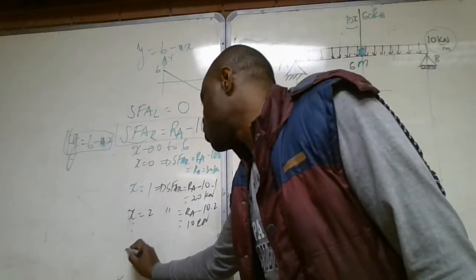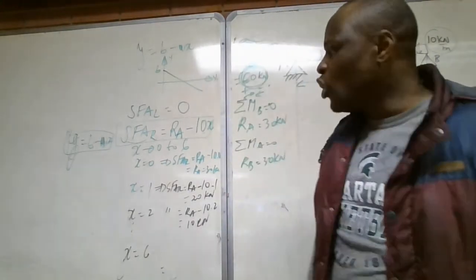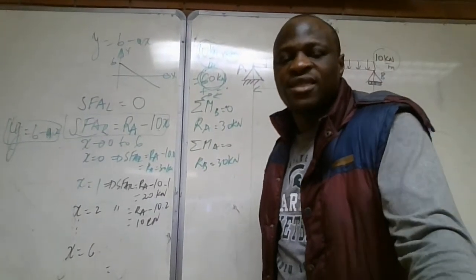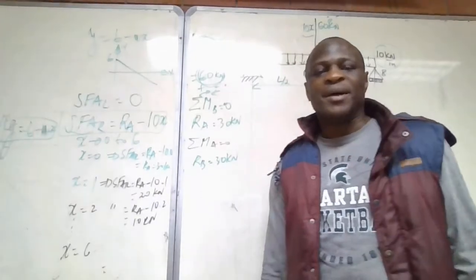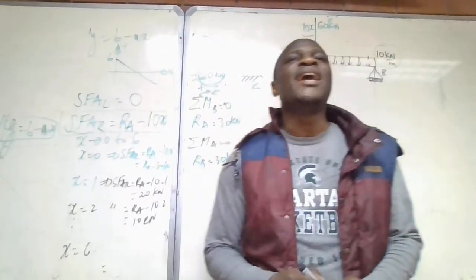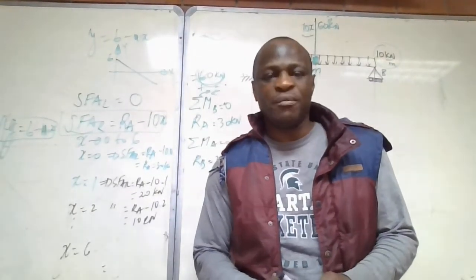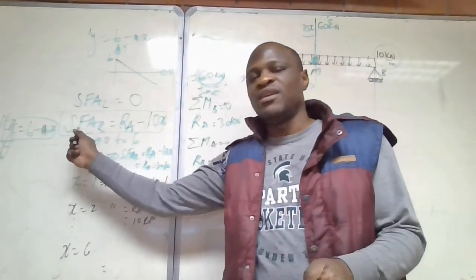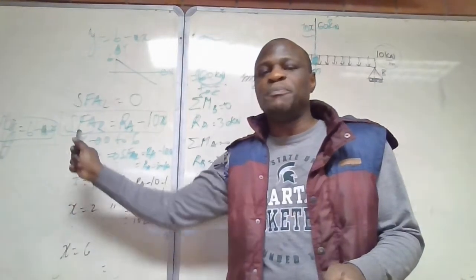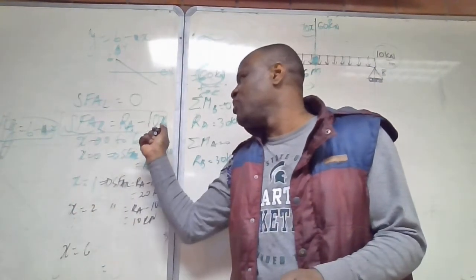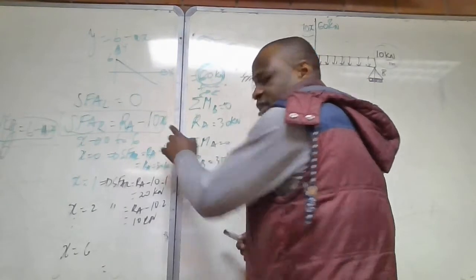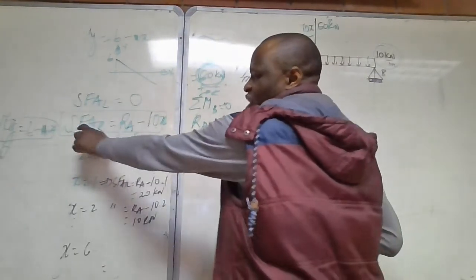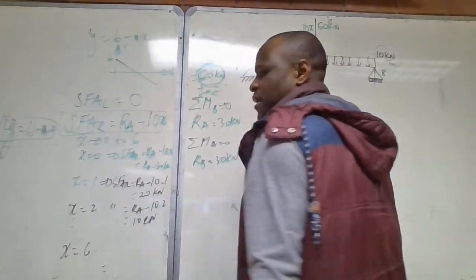We will go up to 6, because x is the value of the length and it's our variable. Mathematically, an independent variable is a variable that we can give different values to get the values of the dependent variable.